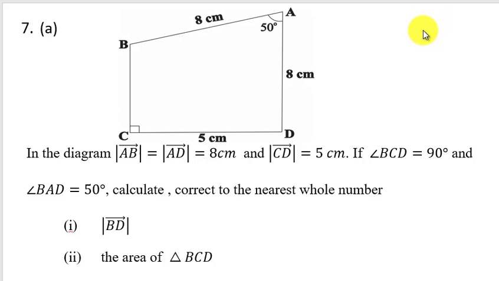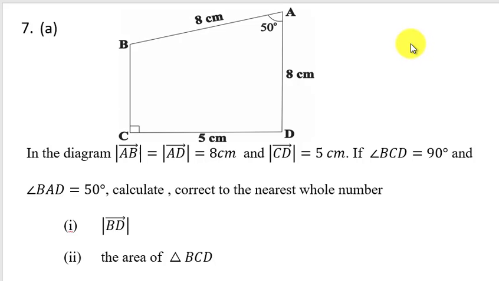For question 7, A. In the diagram, length AB is equal to length AD, which is equal to 8 cm, and the length or the magnitude of CD is equal to 5 cm.